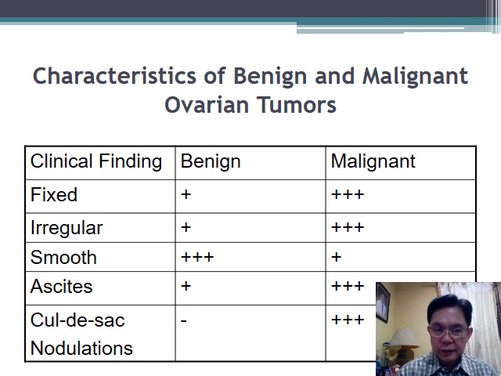You must remember, however, that in younger women, especially if it is related to dysmenorrhea, nodulation in the cul-de-sac can also be present among women with endometriosis.